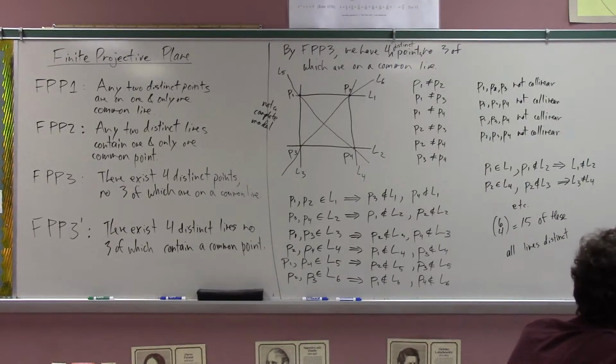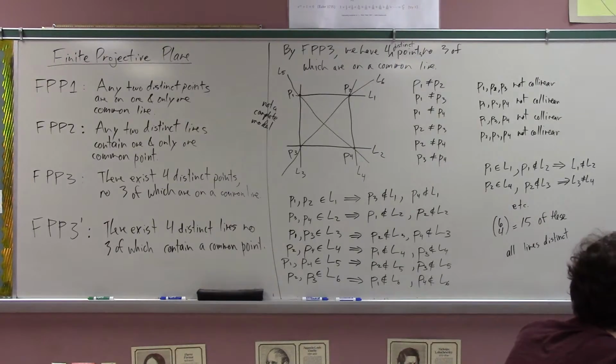So, what are we trying to prove? We are trying to prove that there exist 4 distinct lines, no 3 of which contain a common point. So I'm going to write that in a kind of quantifier language. What we need to show is that there exist 4 distinct lines. Okay, so I'm actually going to write an extra quantifier. I'm going to say for all possible finite projective plane models.